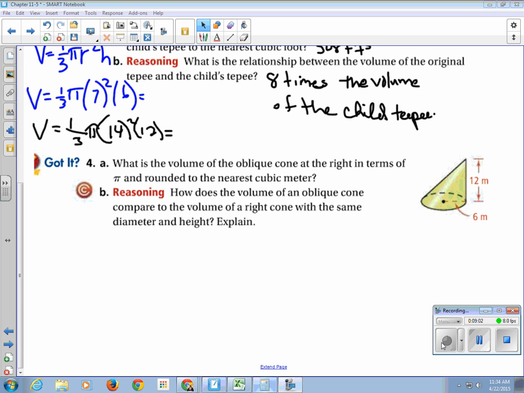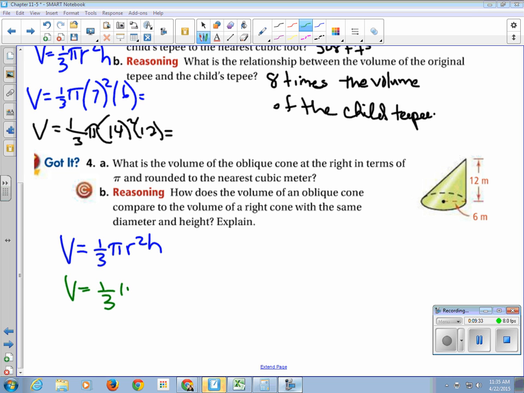All right, so problem number 4 is our oblique cone, and we're going to find the volume of it in terms of pi and round to the nearest cubic meter. So the volume of a cone is this formula here, 1/3 pi r squared h. Let's put in the important information. The 1/3 is a number, pi is a number. Our radius is 6.